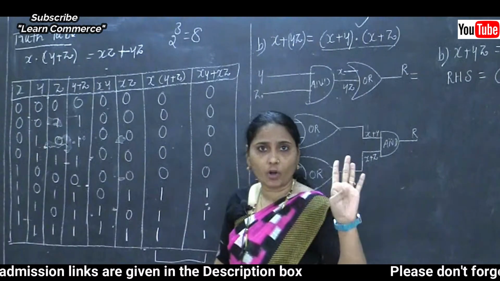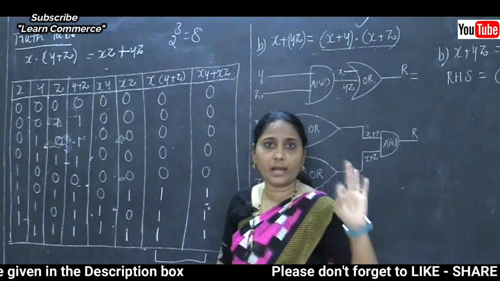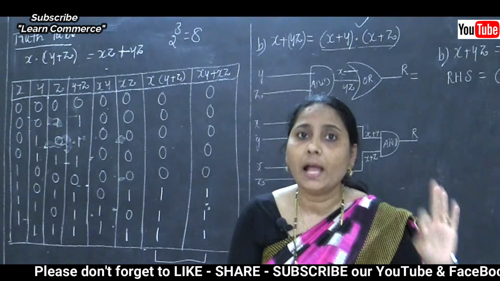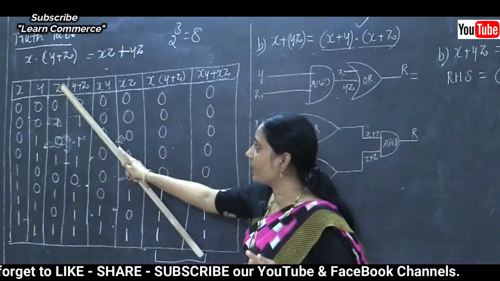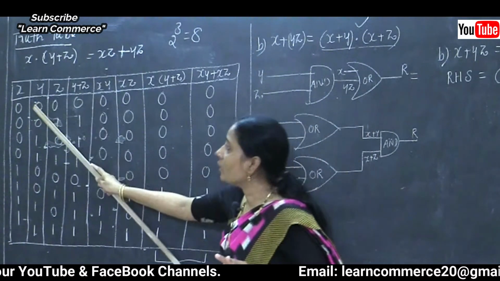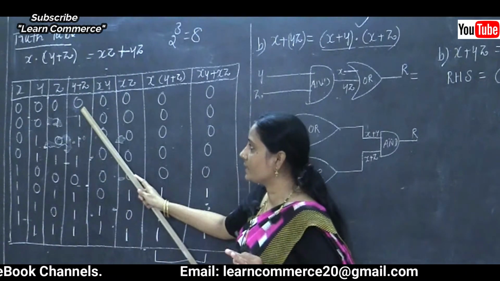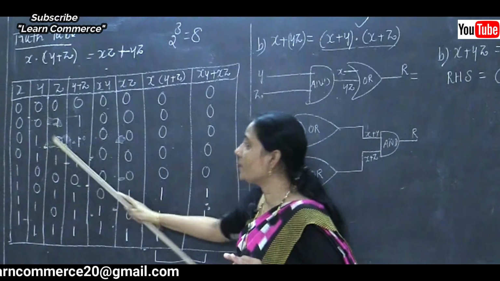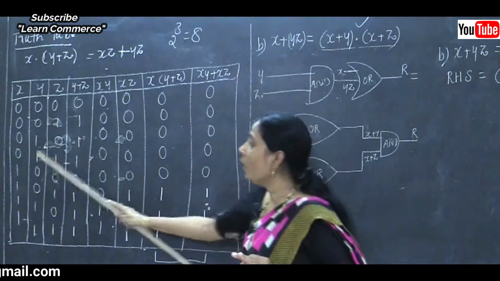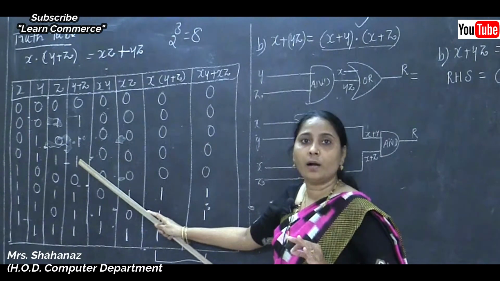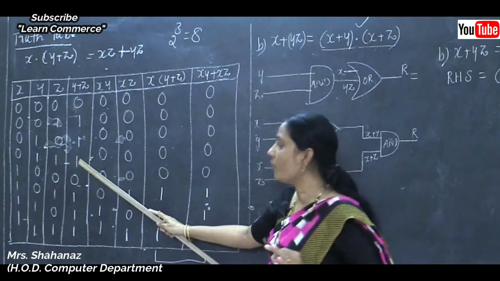Clear? The second column and the third column: the second column is y, and we also have the values in our z column, so I am going to add these values. 0 plus 0 is 0, 0 plus 1 is 1, 1 plus 0 is 1, and 1 plus 1, in Boolean algebra, is always 1 only.